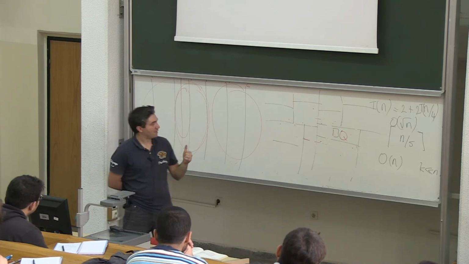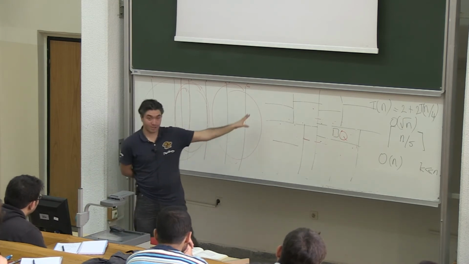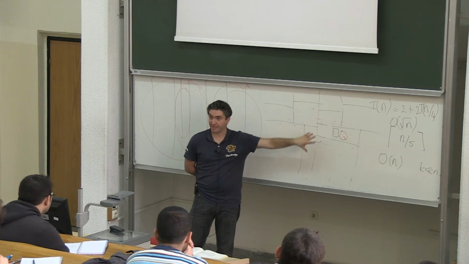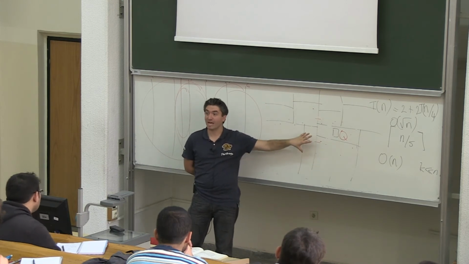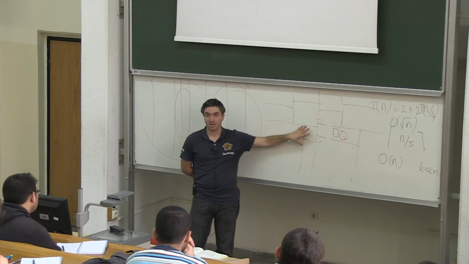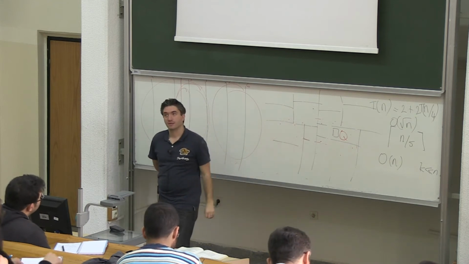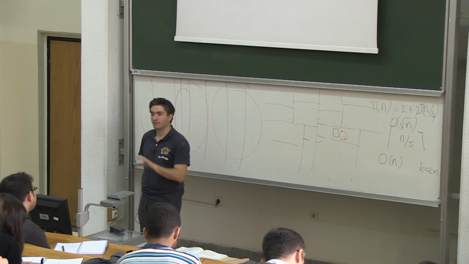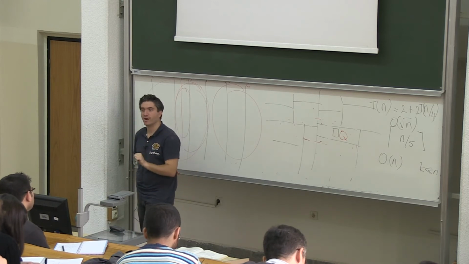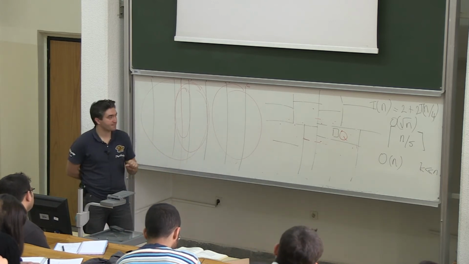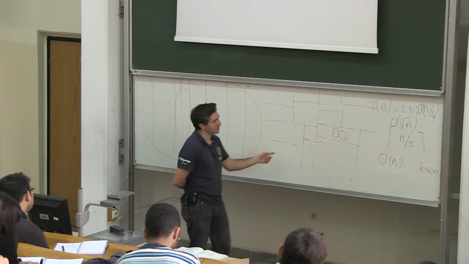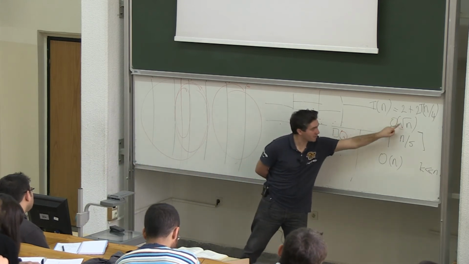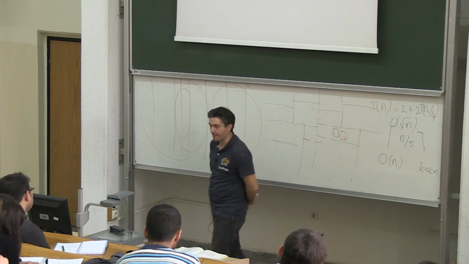The index structure requires O(n) space. It can be constructed in n log n time, but the final tree requires O(n) space. And the query time that it gives us is O of square root of n.